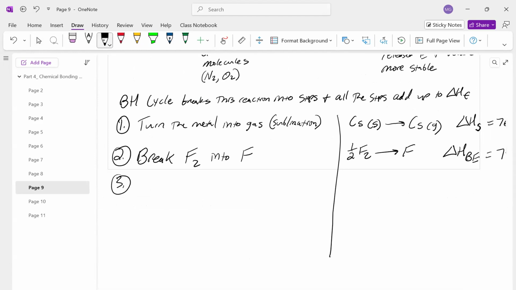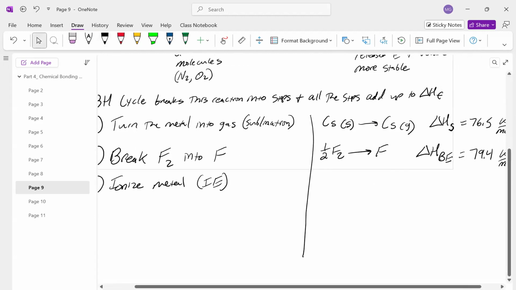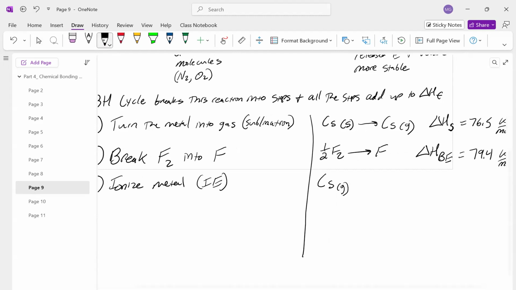Now, the third step, because I'm forming an ionic compound, I need to make sure both of my elements involved are ions. So I have to ionize the metal. And that's just simply using ionization energy. Remember that from our last unit? I'm going to take cesium metal, now it's a gas, give it energy to make the cesium cation, and it releases an electron.